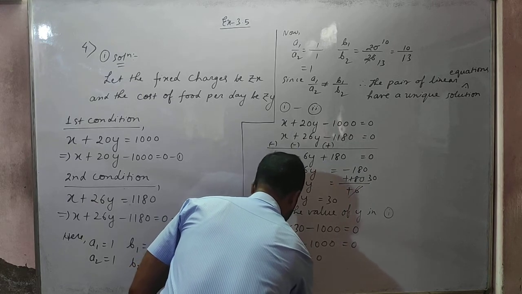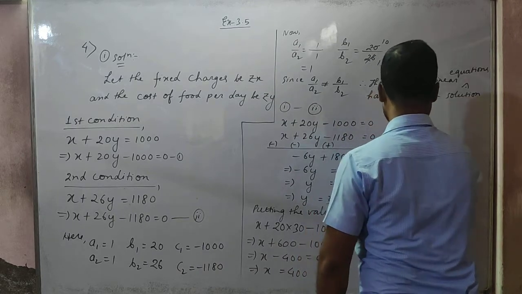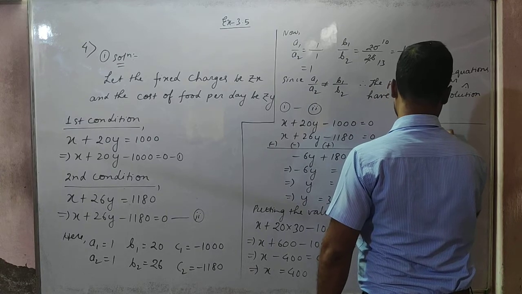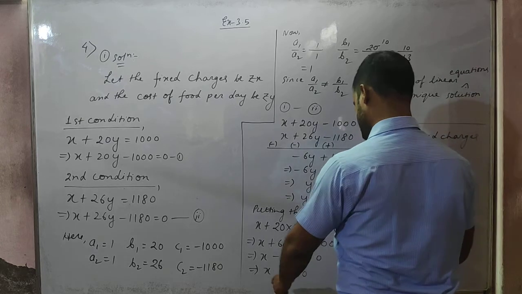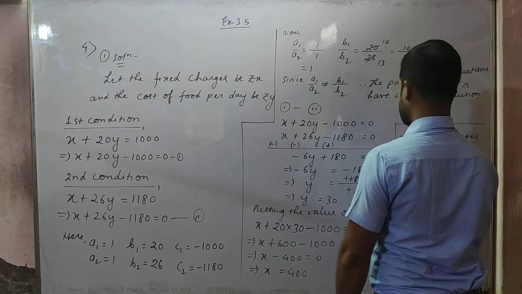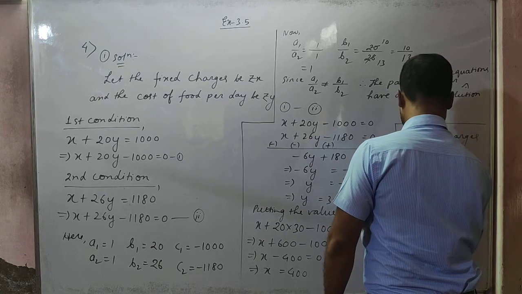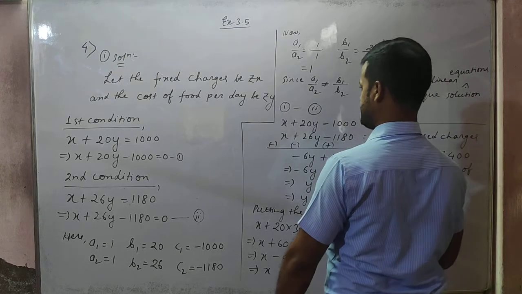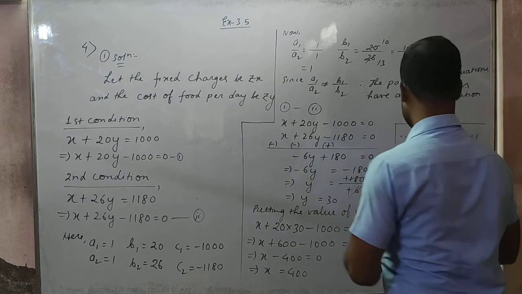So x is equal to 400. Therefore, fixed charges is equal to rupees 400 and the cost of food per day is equal to rupees 30.